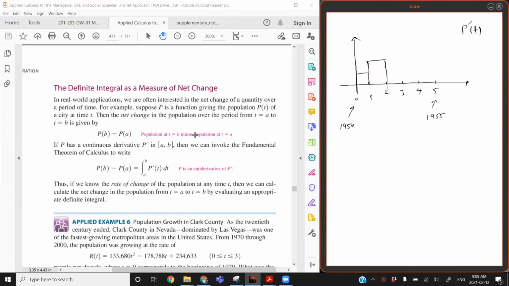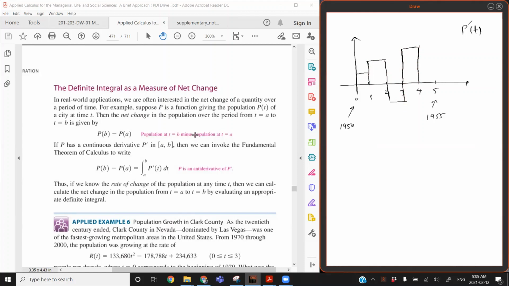Then let's say during the year 1952, there were more people who died compared to the ones who were born, so the population actually decreased in that year. And then there was this much change in the population the next year.